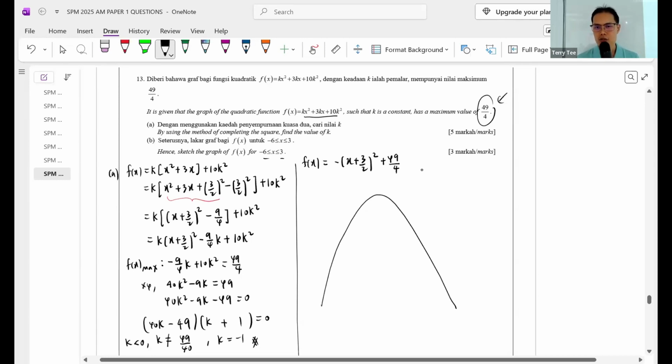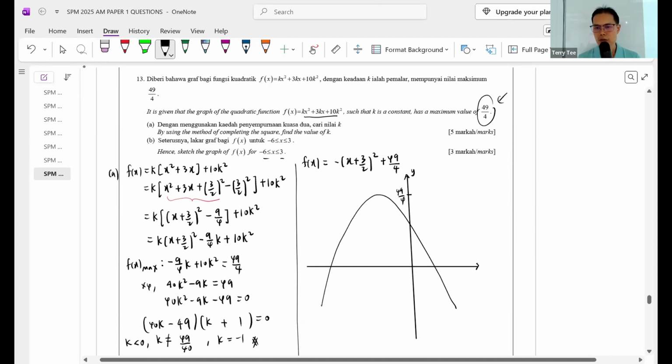Your axis should be around here. Wow, very ugly. Let me make it bigger. Okay, one more time. Over here, this is 49/4. Horizontal axis, maybe I draw here.